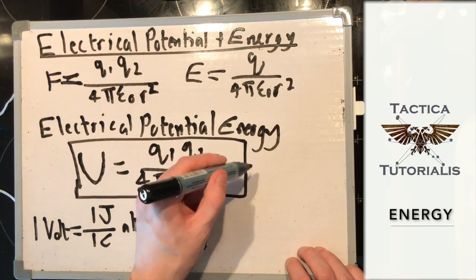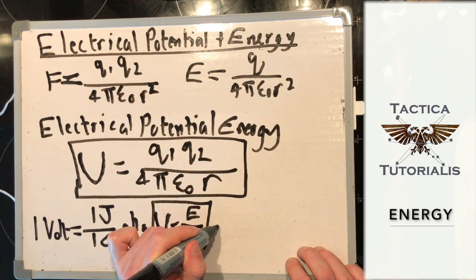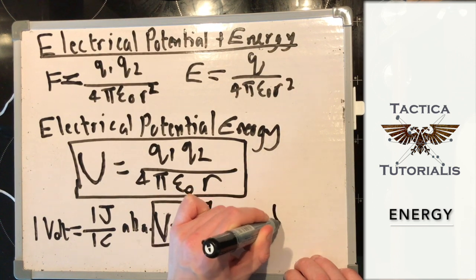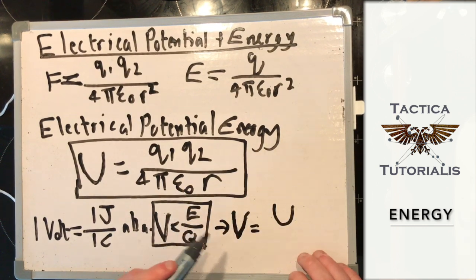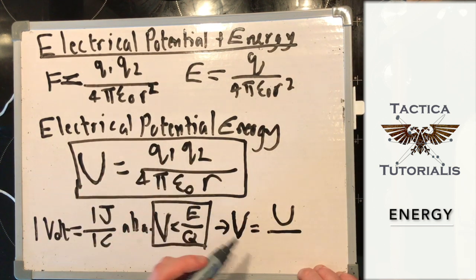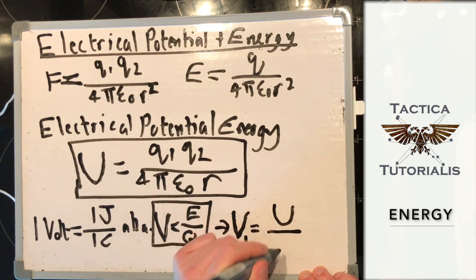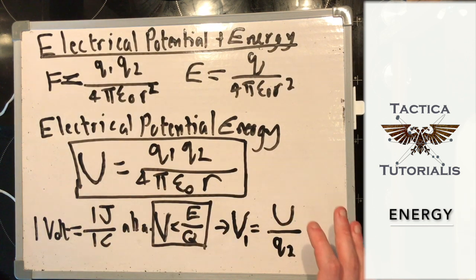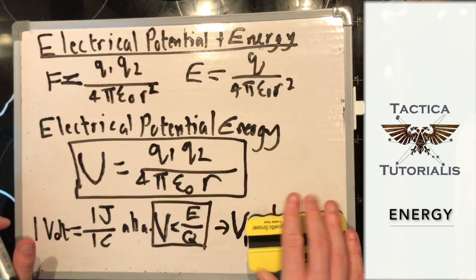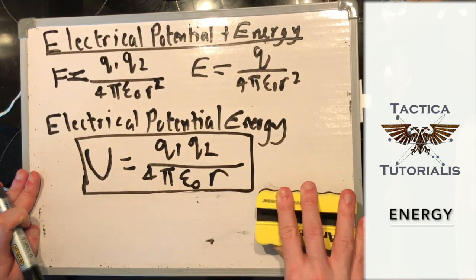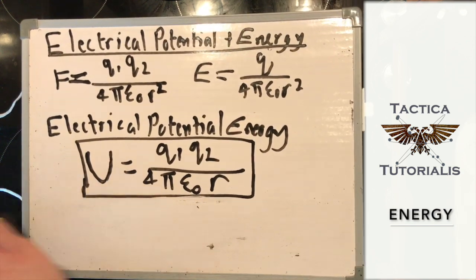So we then say that because E is an energy, V equals U, I'm going to be really careful, I'm going to call that U, over, we're going to divide, as the potential of 1 is U over Q2. And you don't really need me to plug this in, you could just do that division for yourself, but I'm going to write the answer now. So do that division, and that sets up the potential.